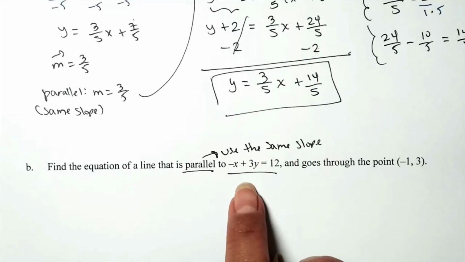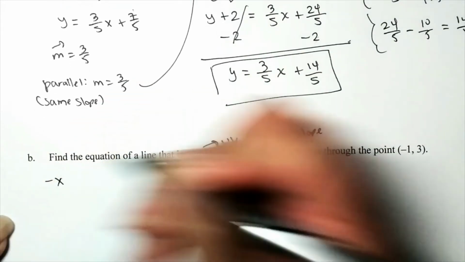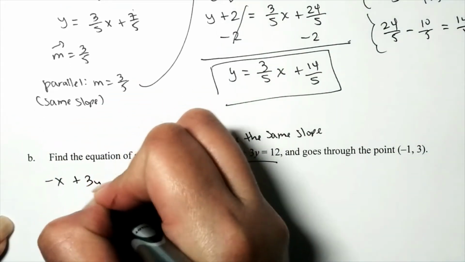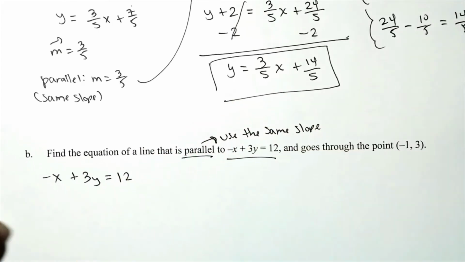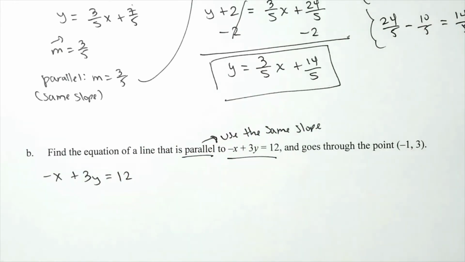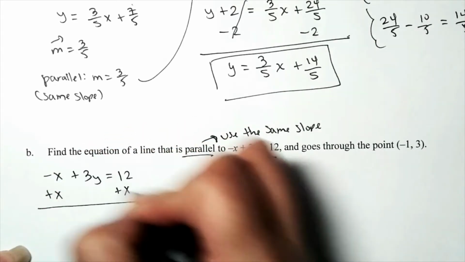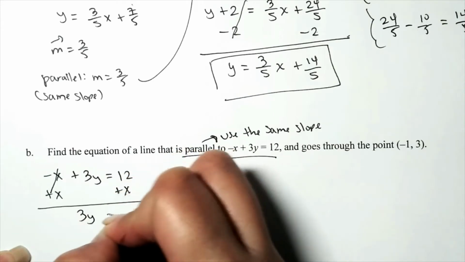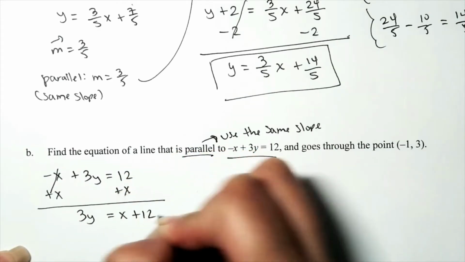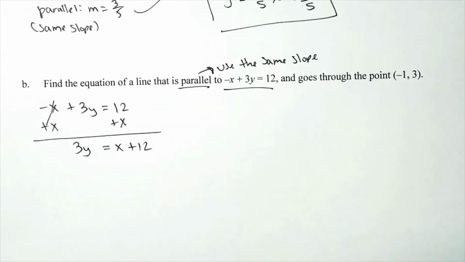So let's find the slope of this guy. We have -x + 3y = 12. Let's put this in slope-intercept form. To isolate the y term, let's add x to both sides. That will leave us with 3y = x + 12.